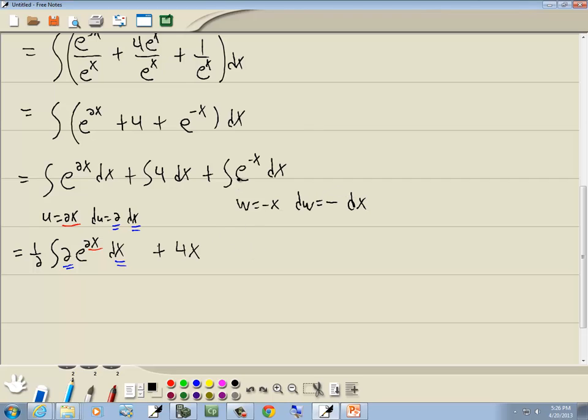So we'll put a negative in front of the e to the negative x, and we'll put a negative out in front to offset it. So we've got negative, then negative e to the negative x dx. Again, we're replacing the negative x here with w, and the negative dx is going to get replaced.